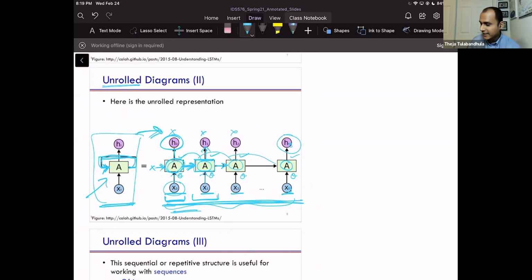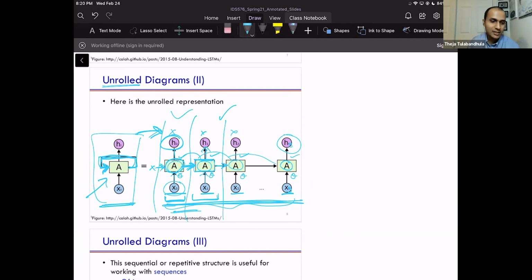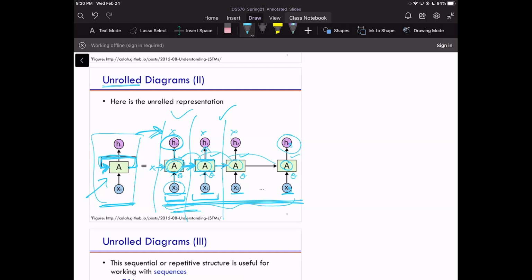Instead of drawing the right side where every time step is almost the same computation, if you focus on each column, it's all exactly the same diagram. So instead of drawing it several times, people use a loop as shorthand. That meant that you're actually reusing the function. That's all. Got it.